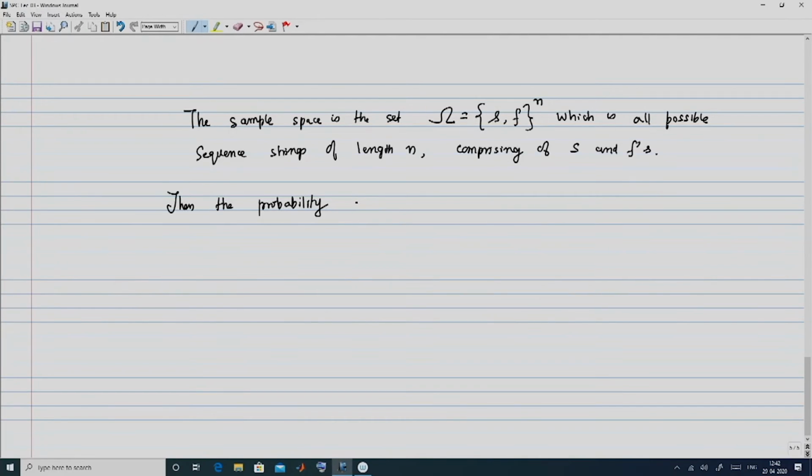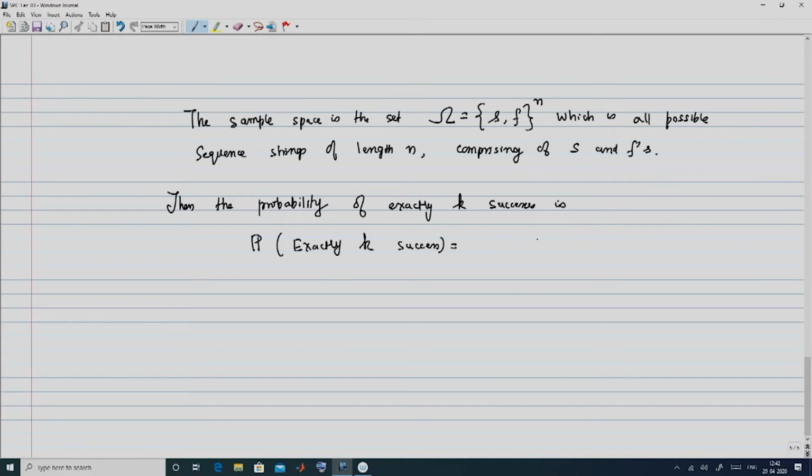So accordingly, we will now define this probability. Then the probability of exactly k successes is, and I will write this down elaborately, exactly k successes.